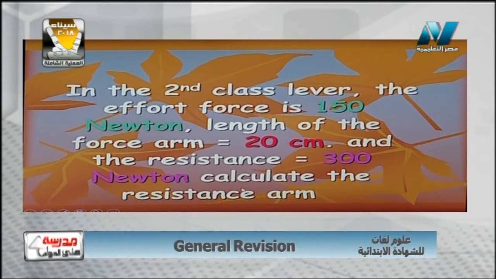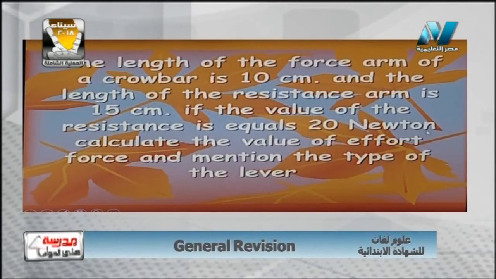As in the previous problem, the resistance arm equal 150 times 20 over 300, تمام؟ about 10. So we must remember how we deal with this type of questions, as we have a mathematical law or formula to deal with this type of problems.